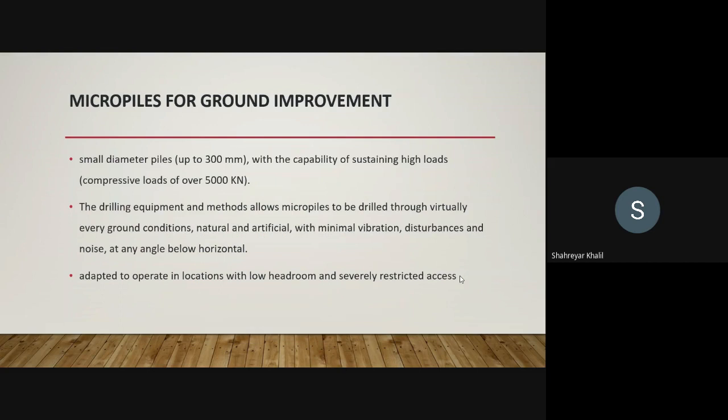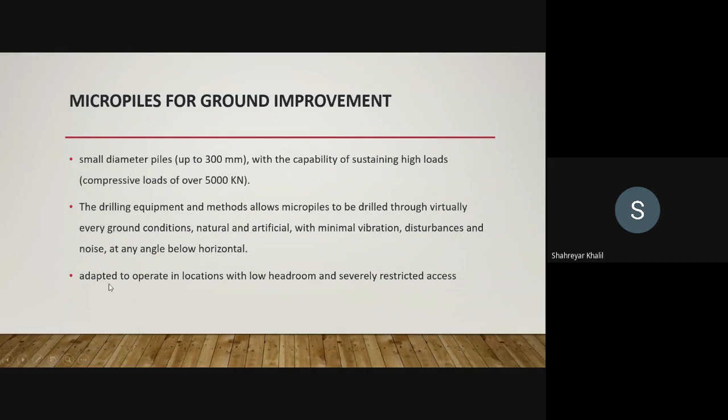Micro piles are small diameter piles up to 300 millimeter that have the capability of sustaining high loads over 5,000 kilonewton. The micropiles can be drilled into the ground in different conditions and at different angles other than the horizontal.